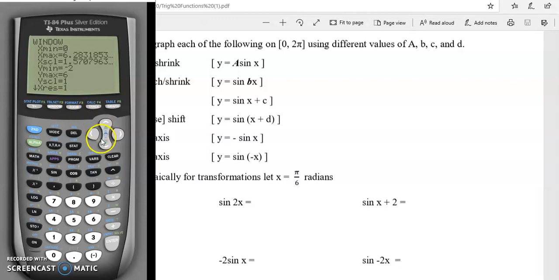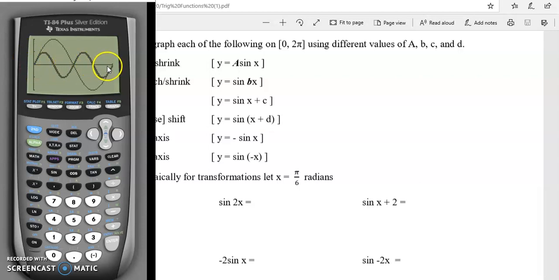I'm going to change the window back to the y maximum being a little bit smaller, just so they don't have too much wasted space. So if I graph that, there's 2 sine of x, and then here comes y equals sine of 2x. And we can see only at 0 do they end up being the same values when they hit 0.